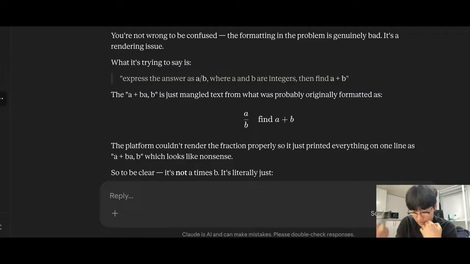Huh. Alright, whatever. That's not the main issue, is it?